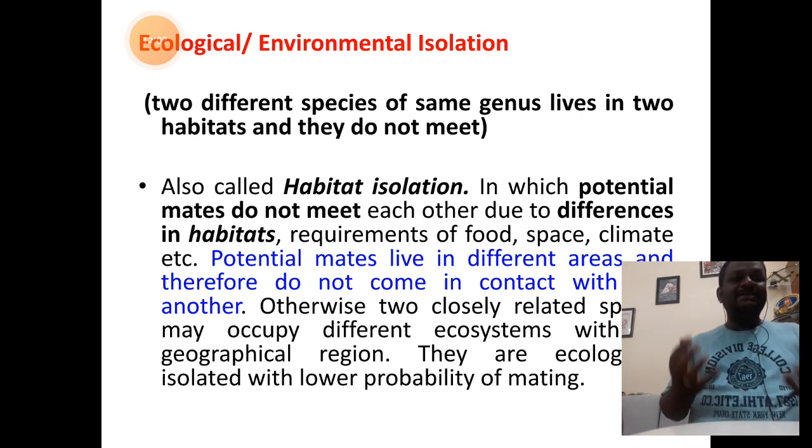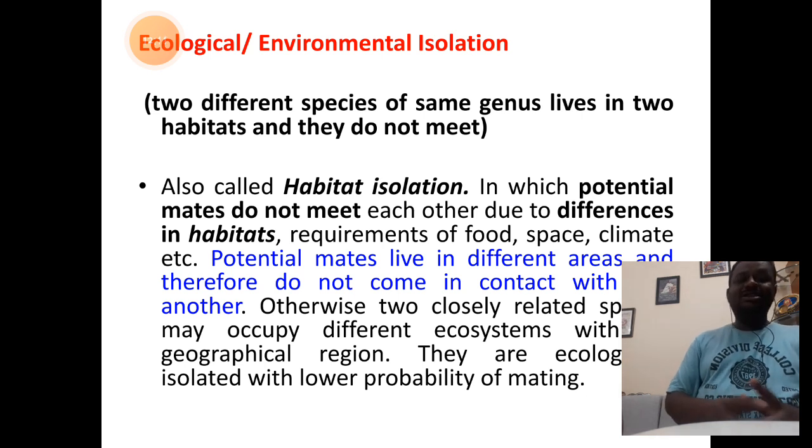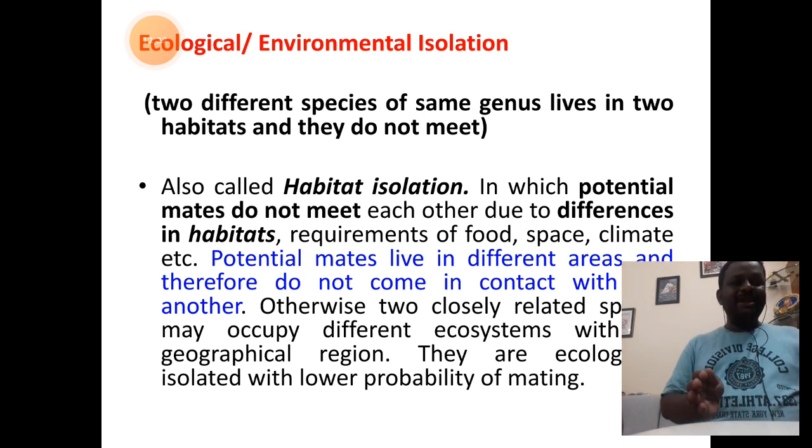So, this difference in dwelling place or habitats includes difference in the food, difference in the space, difference in the climatic conditions, etc. So their living places, environmental, climatic or ecological conditions differ, they vary.